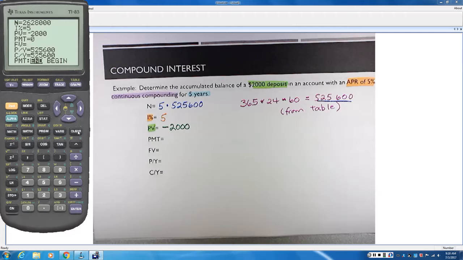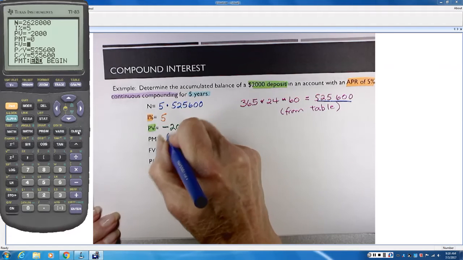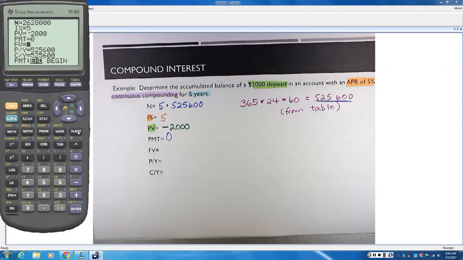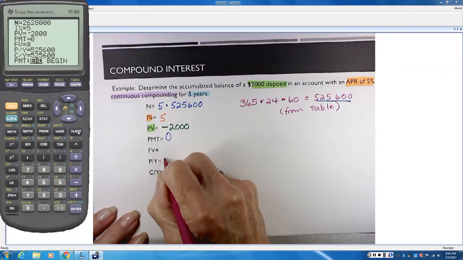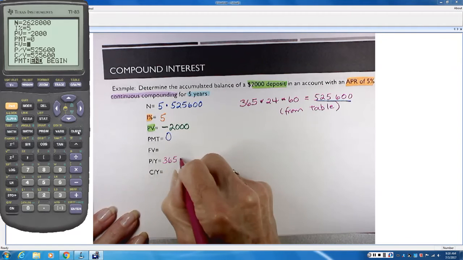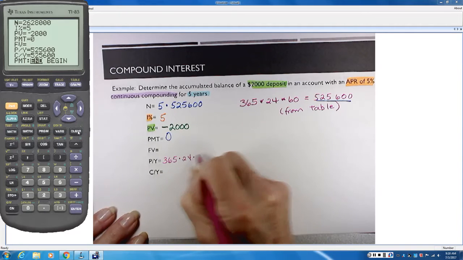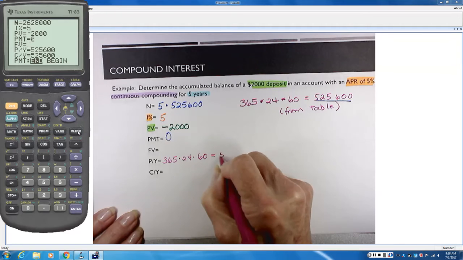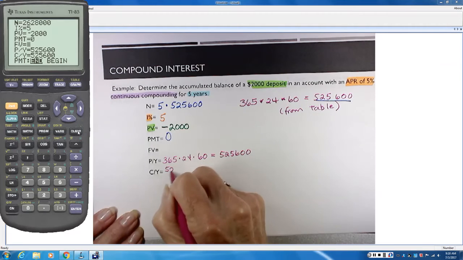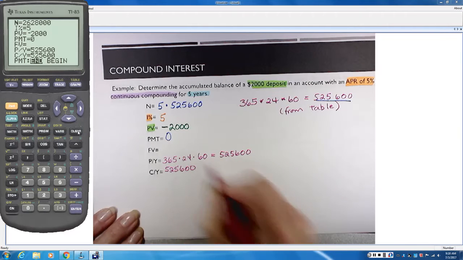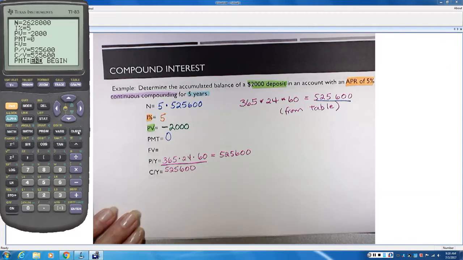So let me get everything filled in. And the only reason I put this in here that way is because that's how I could have actually figured it out right there and not had to go back to the other screen.